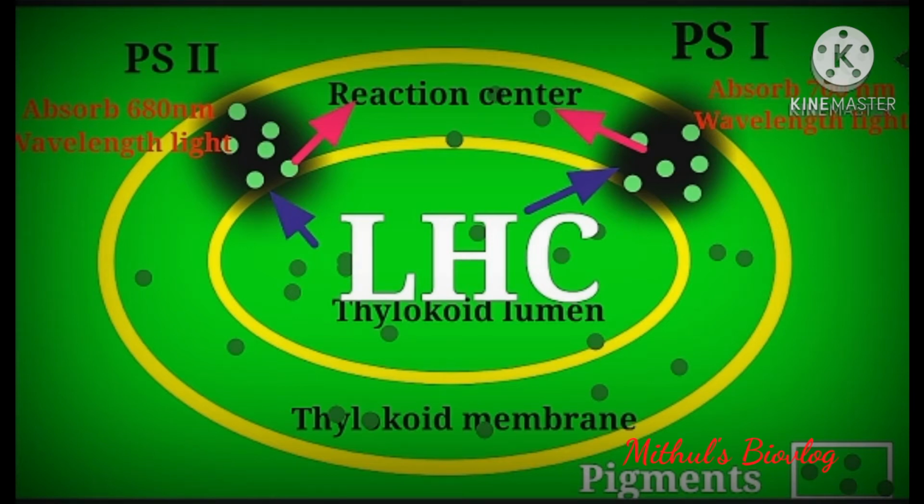1. In the same way, there is another group of pigments in this light harvesting complex, inside the thylakoid, which can trap sunlight with a wavelength of nearly 680 nanometer. Such pigments together form another system which is called photosystem 2.